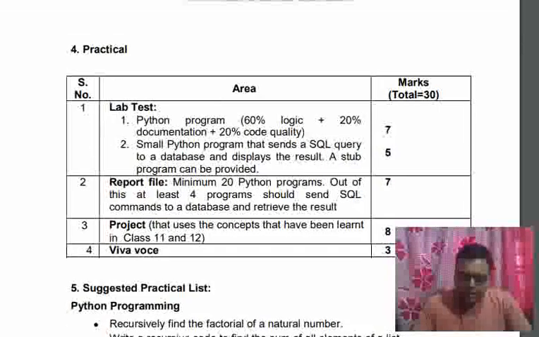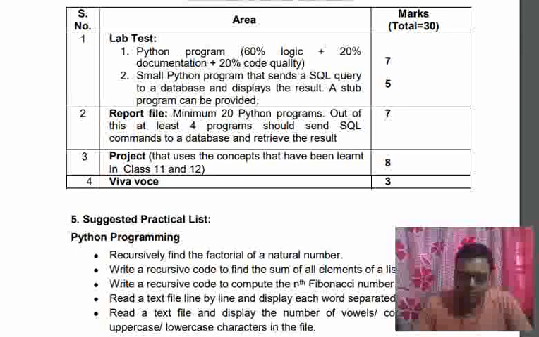So we have this practical also, and the practical is of 30 marks, as you know. Then lab test is of 12 marks, in which 7 marks is for Python program and 5 marks is for the MySQL program. You need to send a query through Python, that is based on connectivity. Then you have report file, that is your practical file of 7 marks.